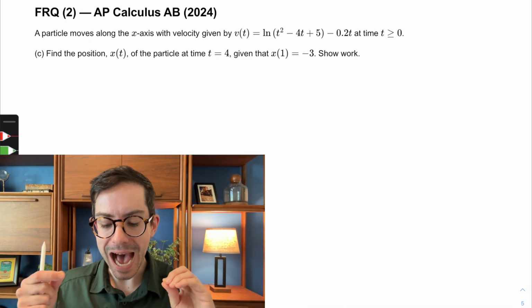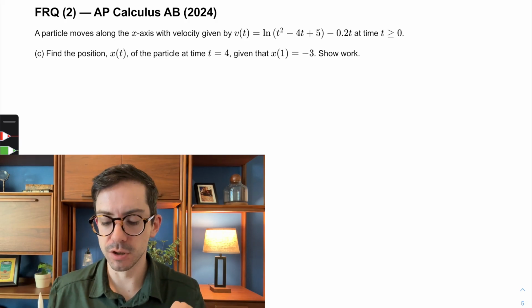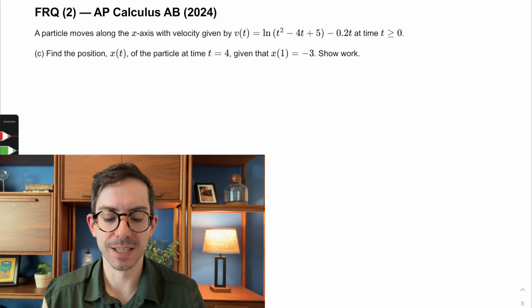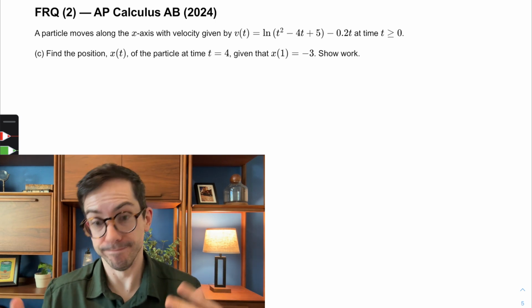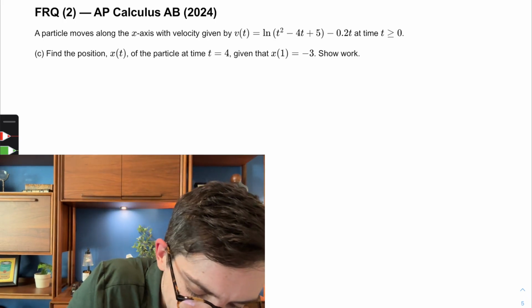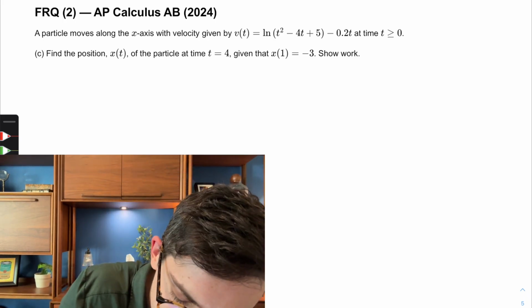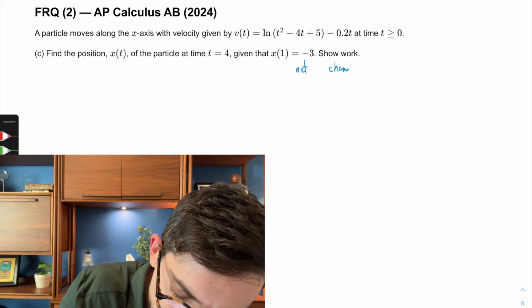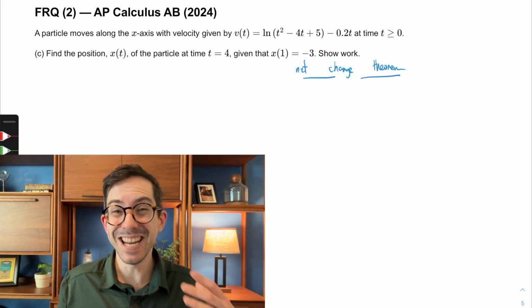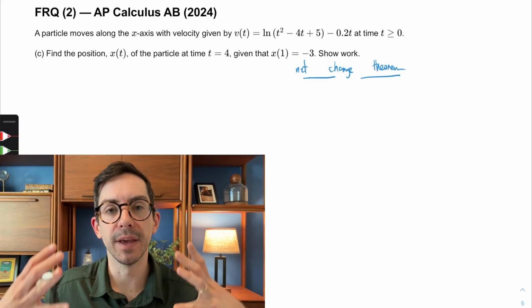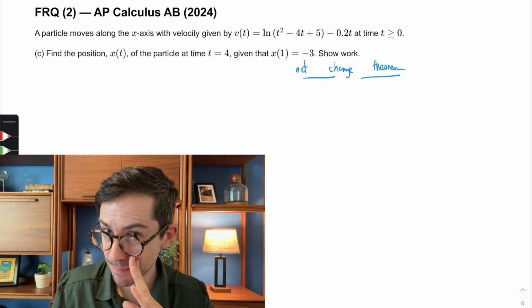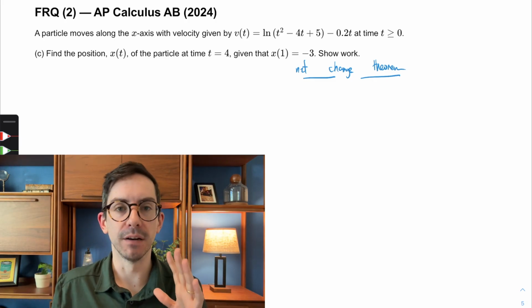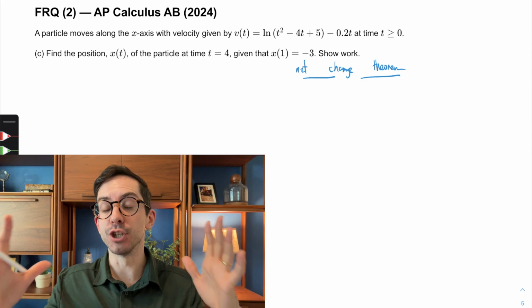It's telling us at t equals 1, the position of the particle was at -3 on the x-axis, and it wants to know where the particle ends up by t equals 4. Well, this turns out to be a net change theorem in disguise. So let's remember what the net change theorem says. It says in any situation where I know something about a quantity, position, and its rate, velocity, I can use a definite integral to figure out what is changing over an interval of time.